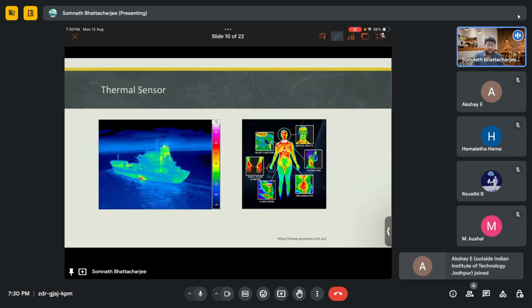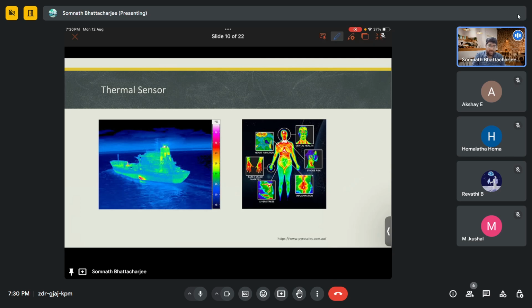If you are searching for someone inside debris, like if a person is buried, we can use a thermal sensor, get the temperature of the body, and directly locate where the person is.